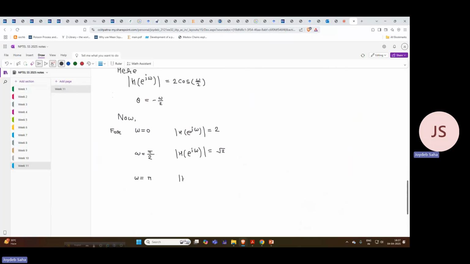So mod H of e to the power j omega is equal to 0. So what we are getting, like this, right? So this is a low pass filter.